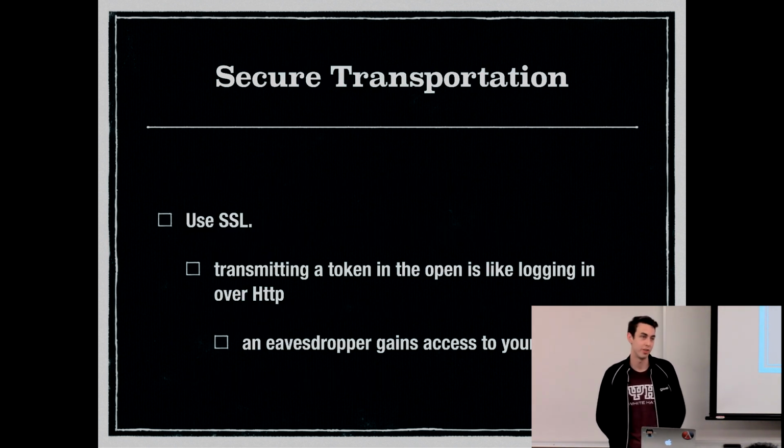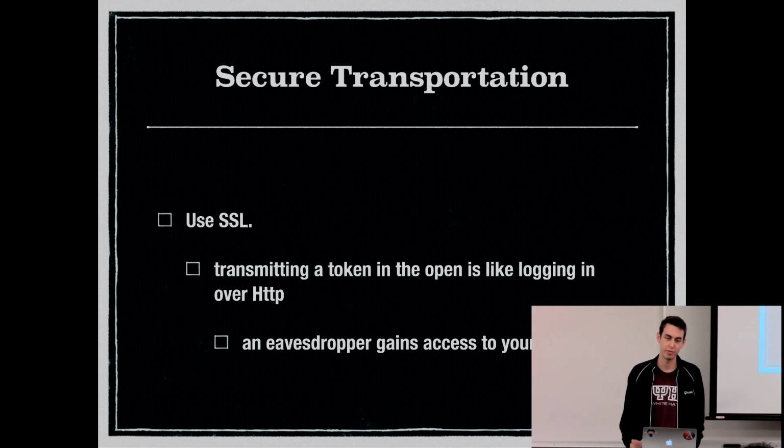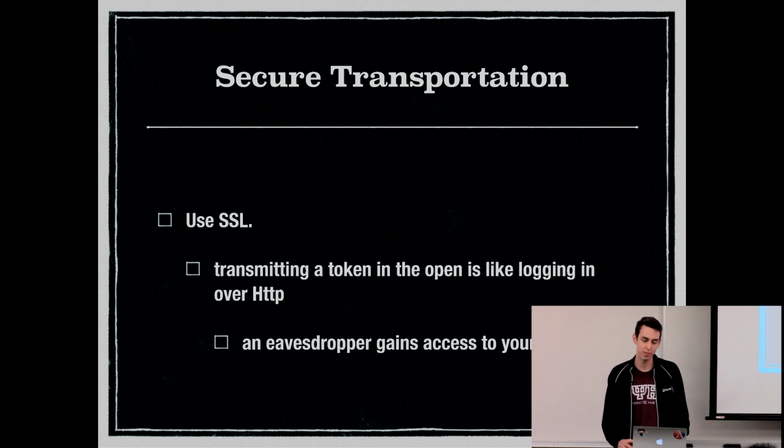But here's another super important point. Nothing that we're going to talk about works if you're not using SSL or some kind of encryption between the client and the server. Because, you know, think about signing in on an unencrypted channel. You send your password and username in the clear. Anyone who's listening on that channel now has your username and password, and now they can become you. The exact same thing applies here.